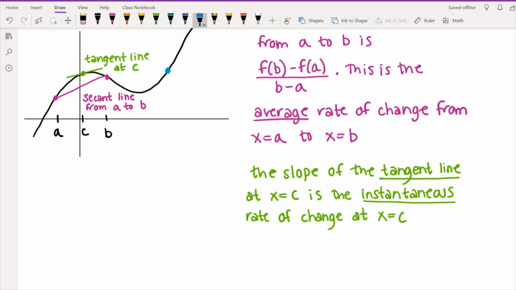The correct tangent line would be to trace out the shape of the graph at that point, and then you can extend it from there. And it's possible that the tangent line might cross the graph somewhere else. So maybe let me draw an example that does that. If I were to draw the tangent line like here, let's say, it would look something like this.